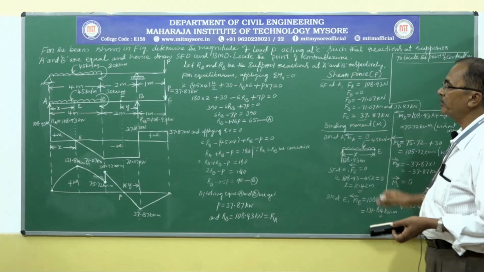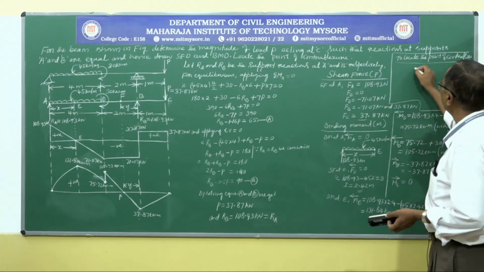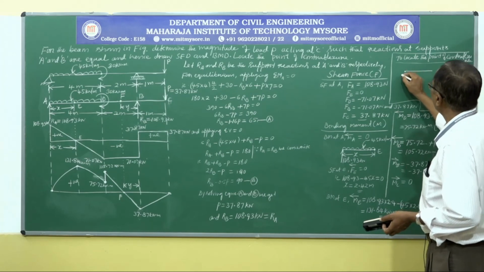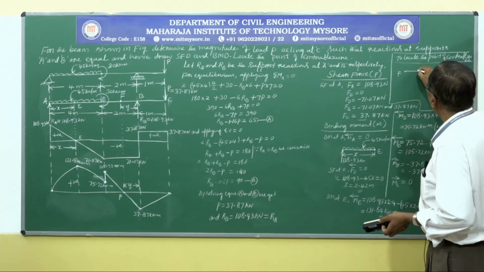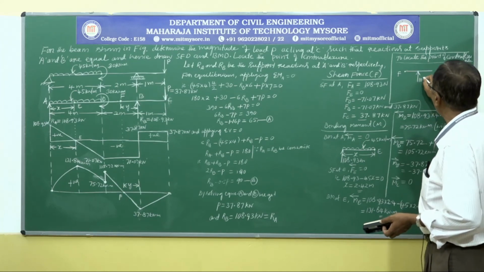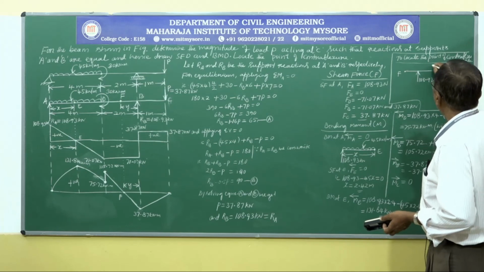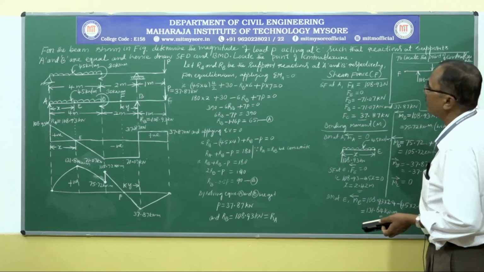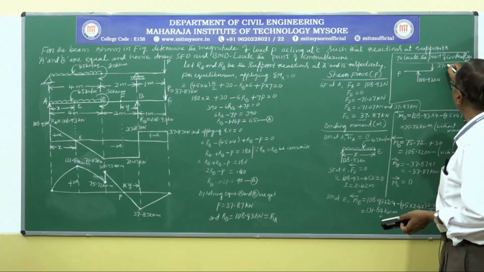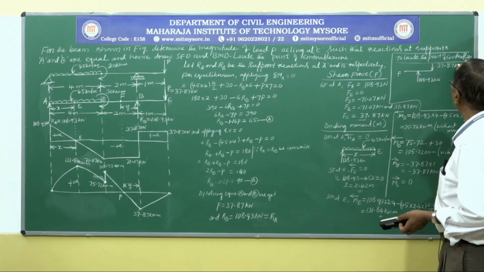Take out the portion of the beam to avoid confusion. The portion of the beam to the right hand side of F, I am taking out. It is the support reaction 108.93 kilonewton. There is a point load here. The magnitude of the point load is 37.87 kilonewton.